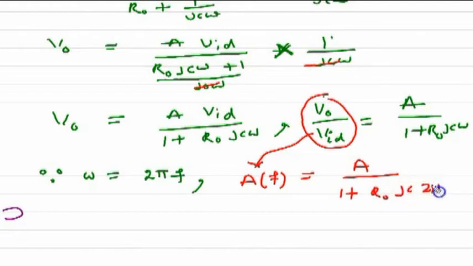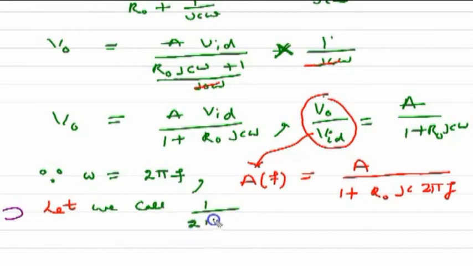So this is the gain, which is a function of the frequency. Now we have to substitute, we consider a factor. Let me call that 1 over 2 pi R naught C as F naught.